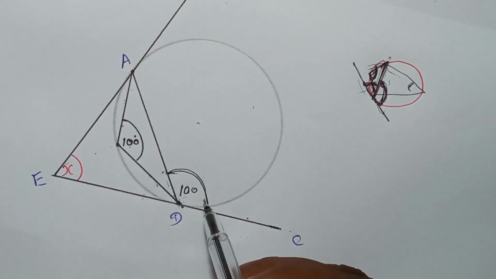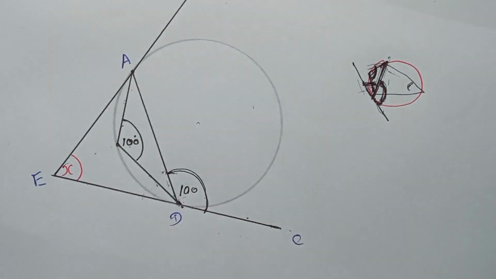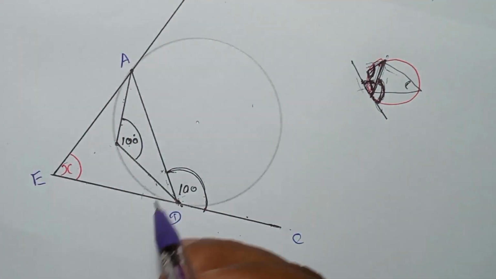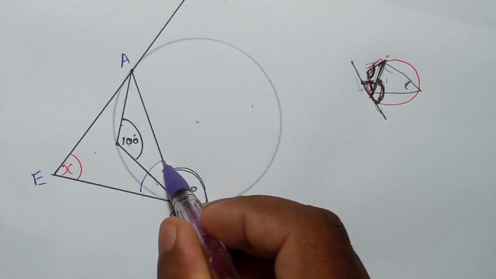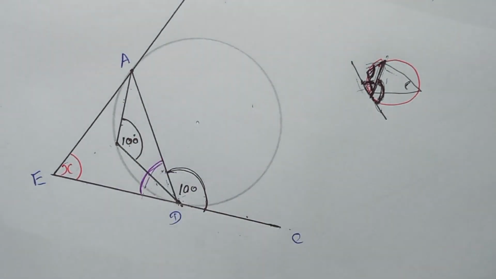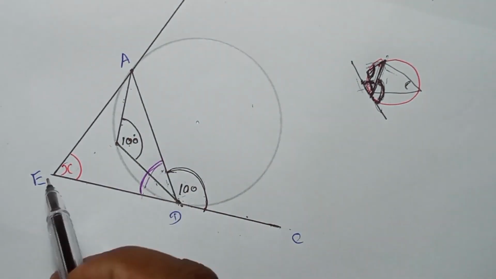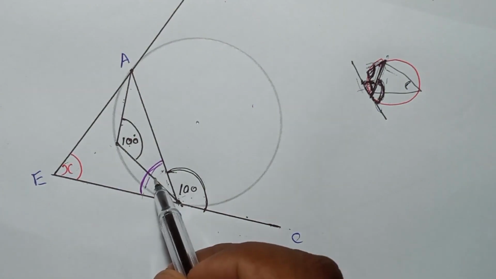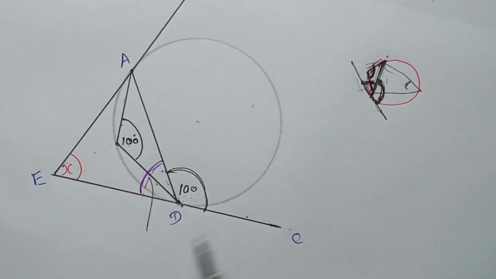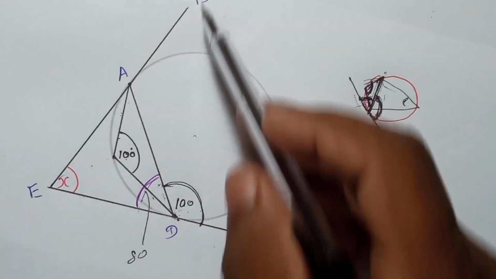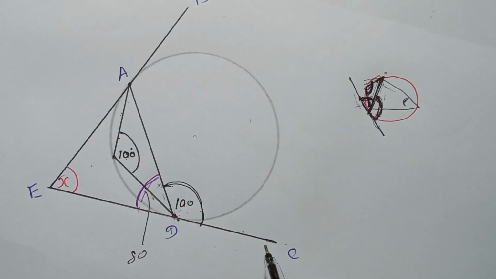Okay, if this is 100, I will mark it using another color. This is a straight line, so if this is 100, this will be 80. That will be 80. And also now these two, EB and EC, are tangents.